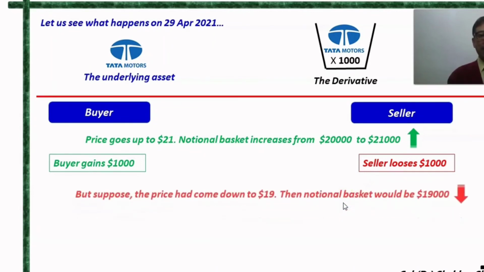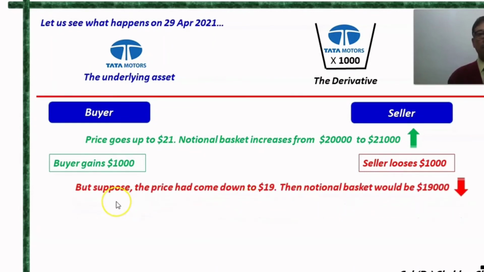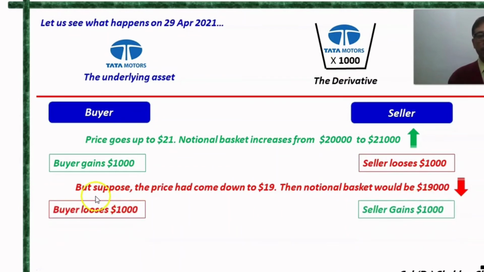Now let us imagine a situation that suppose instead of increasing, let us say the price had come down to $19. The price of this underlying asset or the Tata Motors share had come down to $19. In that case, the value of this notional basket would come down to $19,000, isn't it? So what happens now? The buyer loses $1,000 because he had purchased at 20.